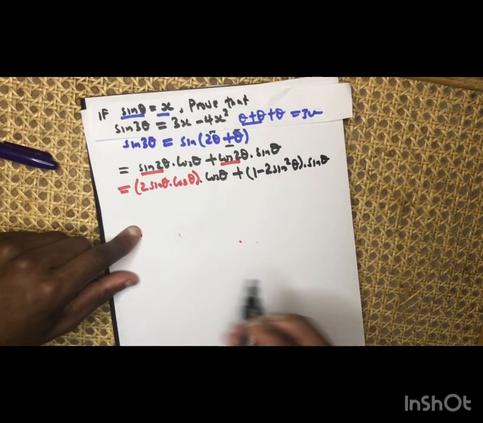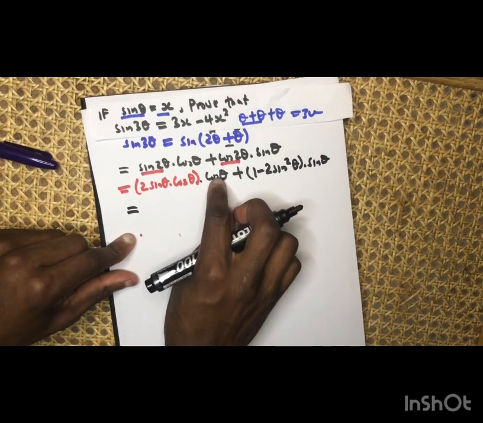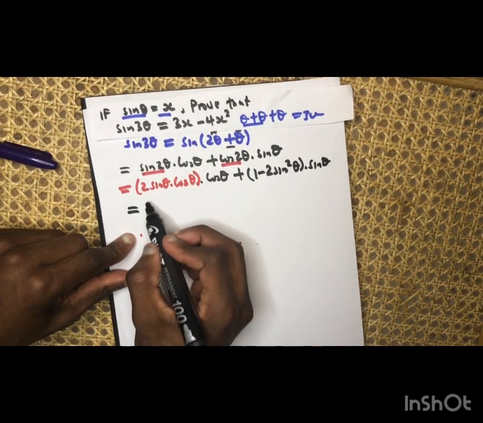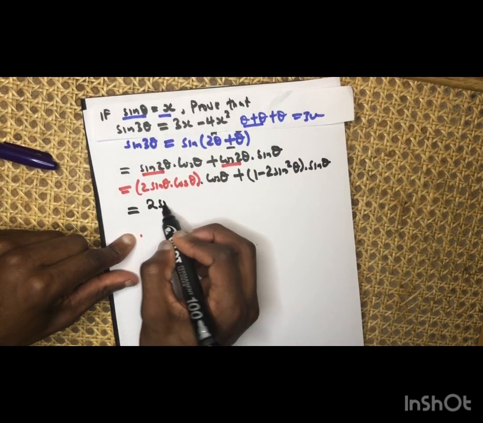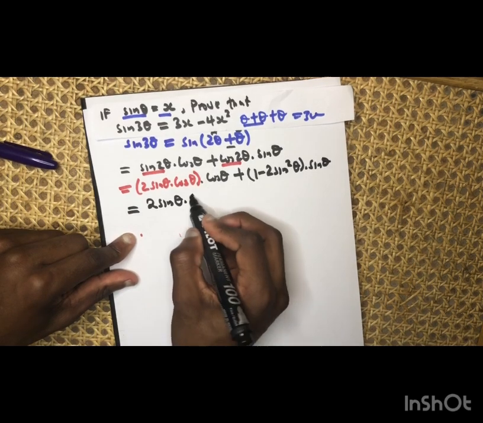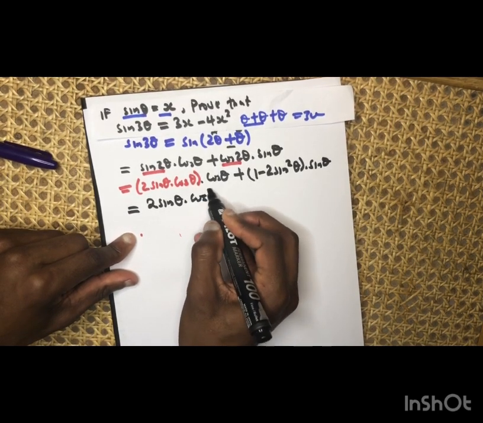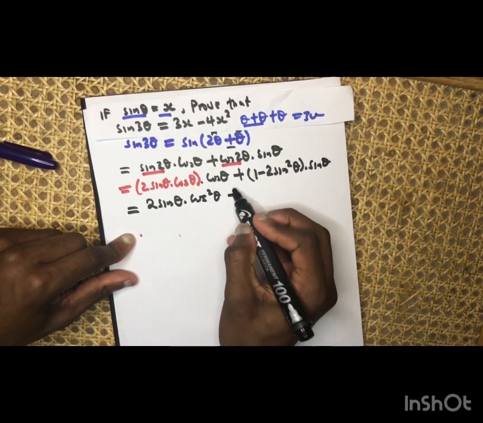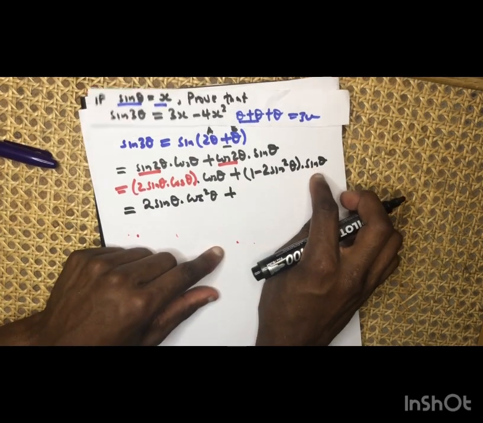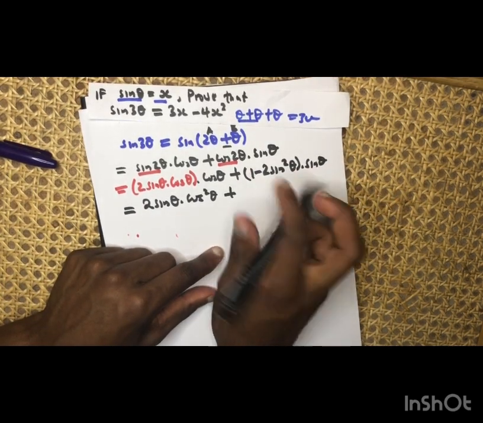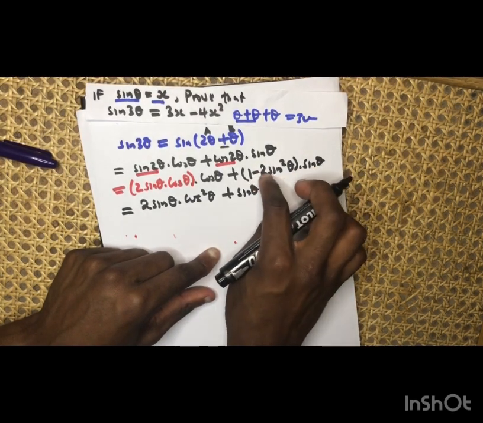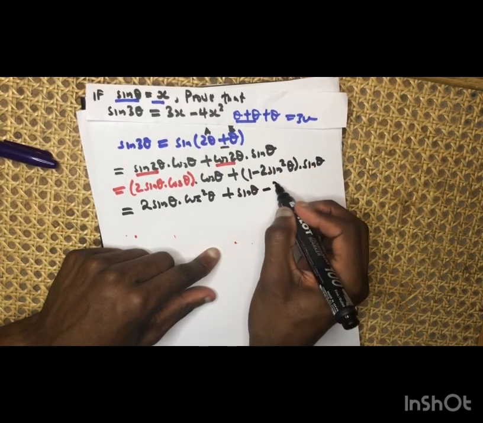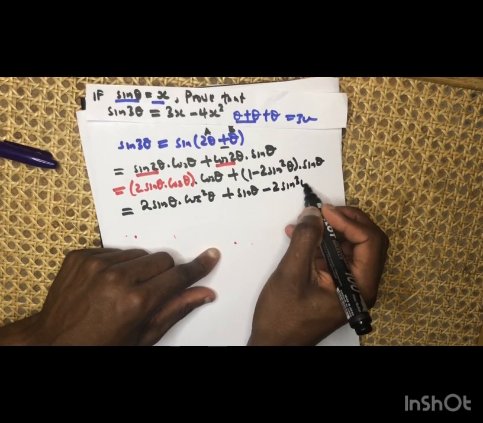Are we together? Okay, so we're going to open the brackets. Remember, this cos is going to affect this cos only, so it's going to be 2 sine theta times cos squared theta plus, then we open the brackets, sorry, sine theta times 1 is going to be sine theta. So sine theta times negative 2 sine squared is going to be negative 2 sine cube.